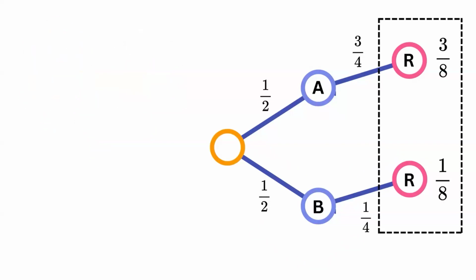Together, these two cases make up all the red outcomes, so the total probability of red is 3/8 plus 1/8 equals 4/8. But we want the share of this red world that only belongs to bag A. That is why we take the part from bag A, which is 3/8, and divide it by the whole red part, which is 4/8. This gives 3/4.